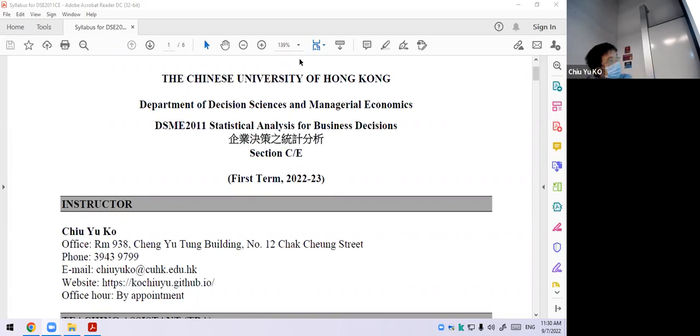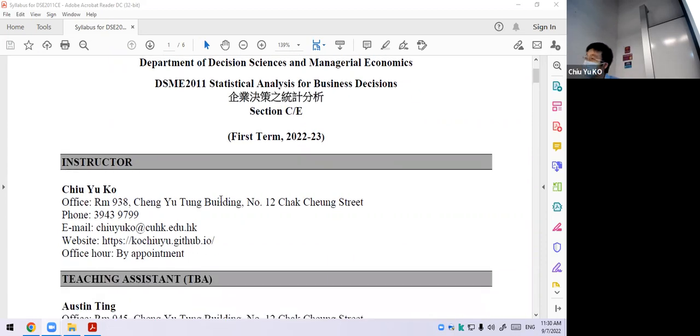I think this is section C, and I also teach section E. Everything is the same across the two sections, but try to attend your own section because of COVID control.